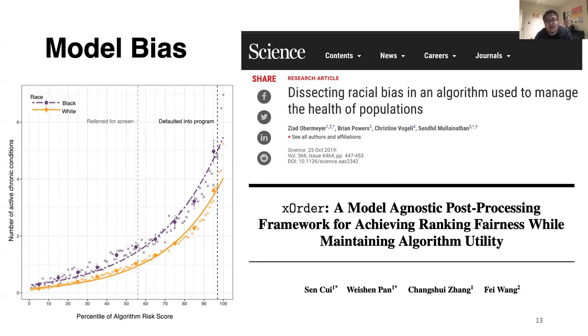Like this is a paper we wrote recently about how to adjust the rank of the predicted risks to make sure the prediction result is fair across different racial groups.